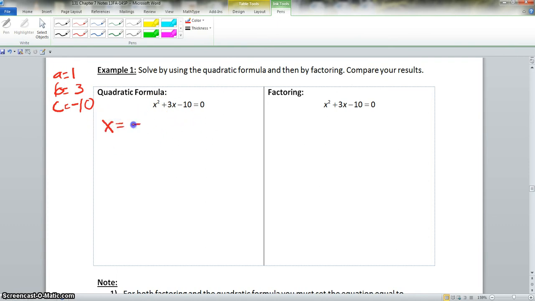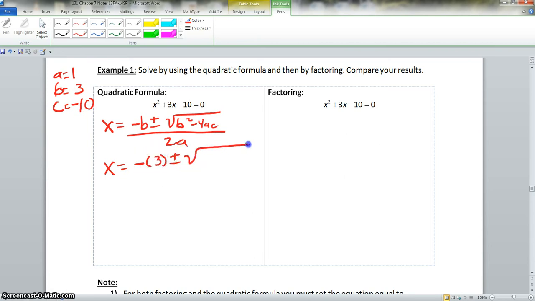So we have x is equal to negative b plus or minus the square root of b squared minus 4ac, all over 2a. Now we have x is equal to the opposite of b, which is negative 3, plus or minus the square root of 3 squared minus 4 times a, which is 1, times c, which is negative 10, all over 2 times 1.